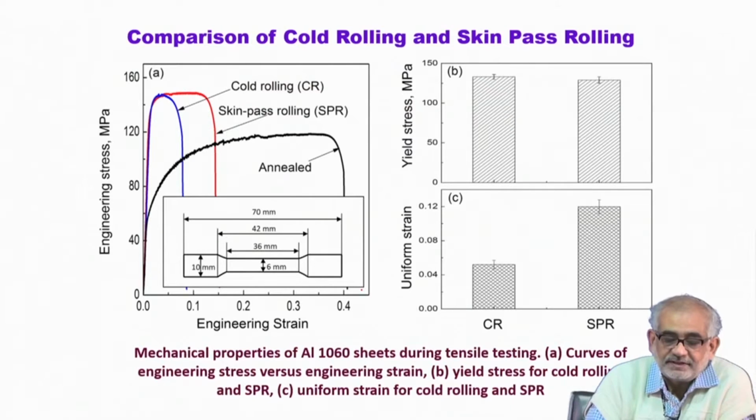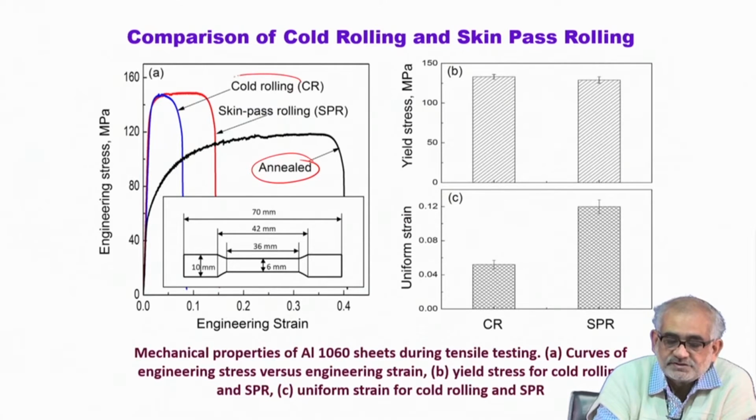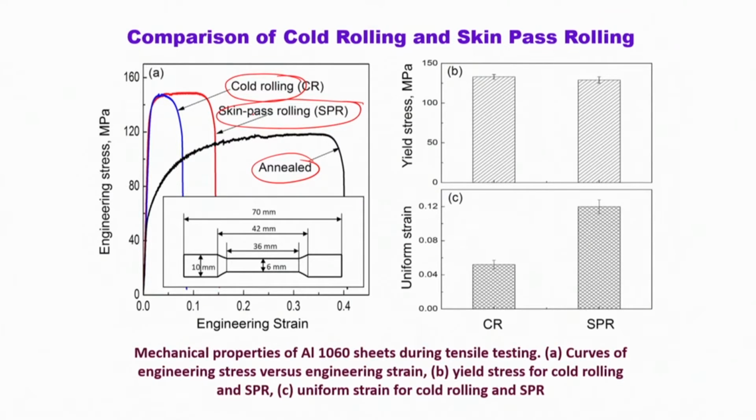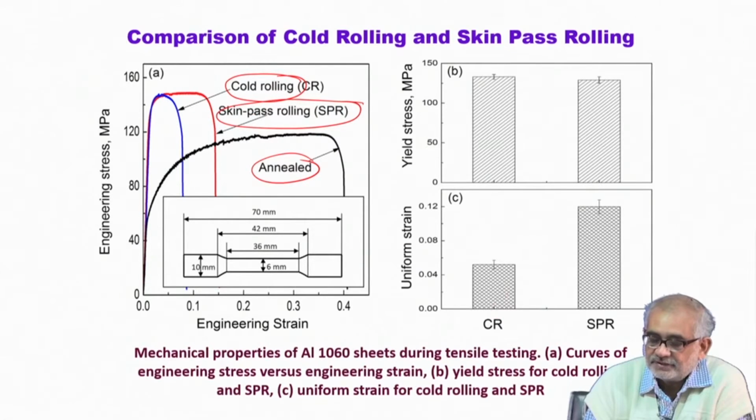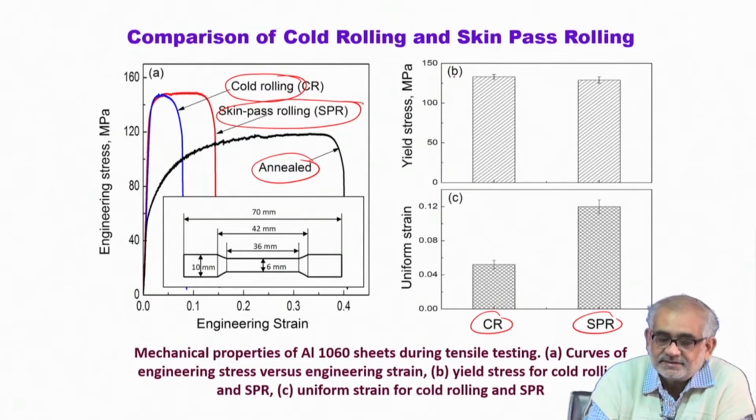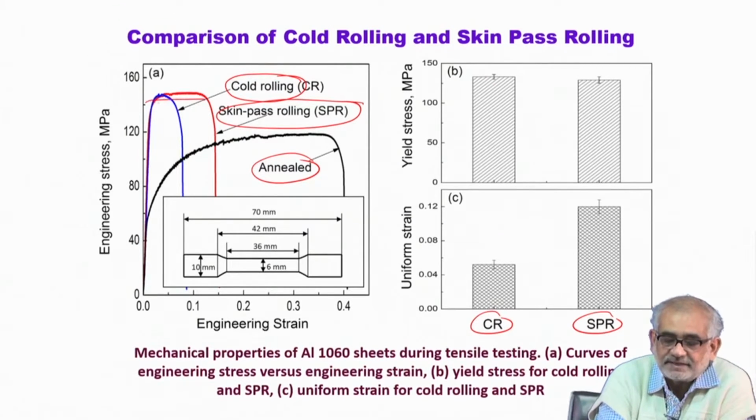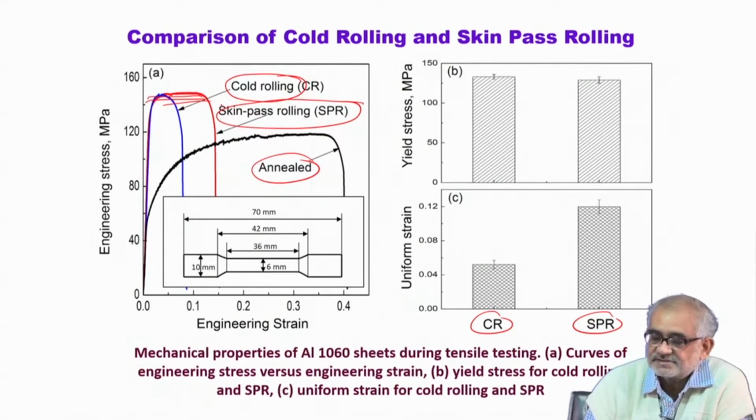So, if you compare a steel in the annealed state, in the cold rolled state, and in the skin pass rolled state, you realize that when you compare the cold rolled state with the skin pass rolled state, the yield stress will be about the same. There is hardly any difference in the yield stress.